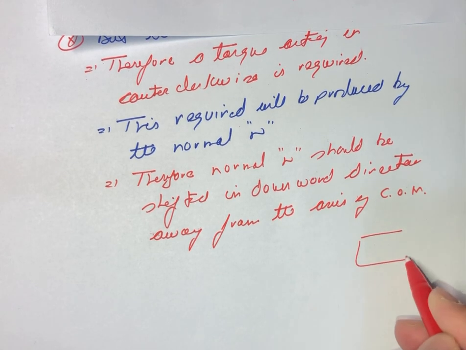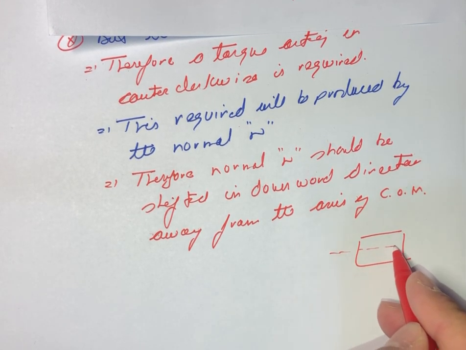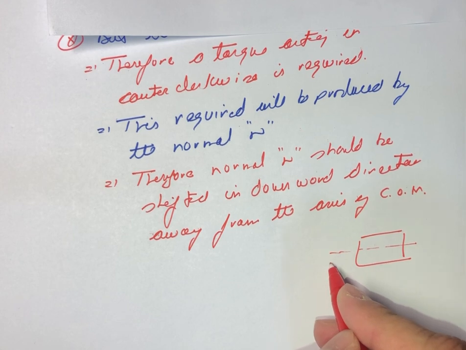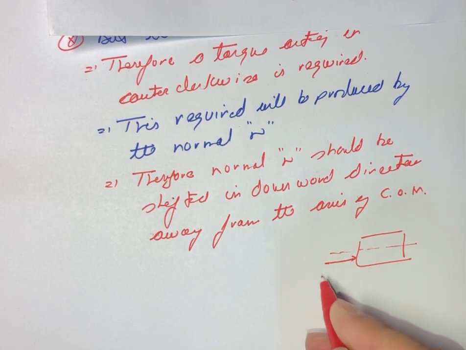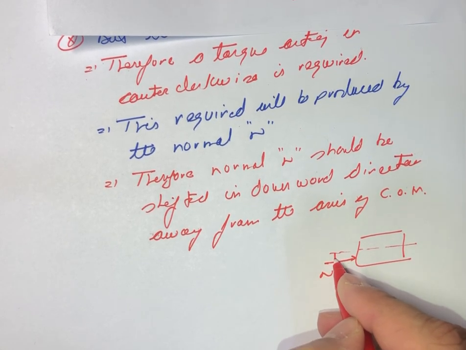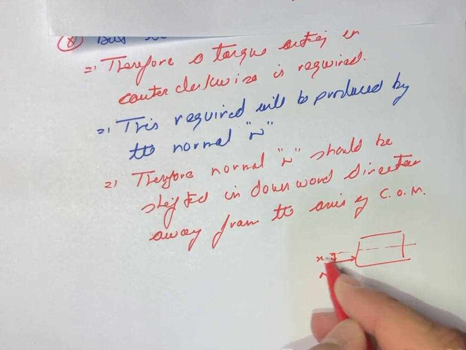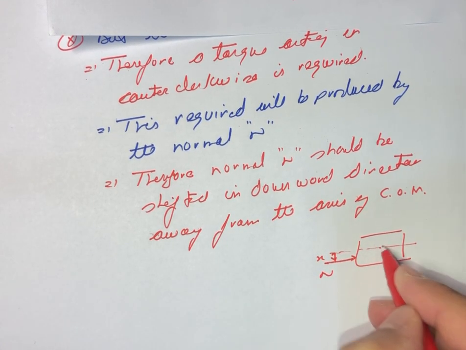So let us draw the figure once again. So this is the axis of center of mass, and let us assume that now the normal is acting at this position, which is at a distance of x below the center of mass axis.